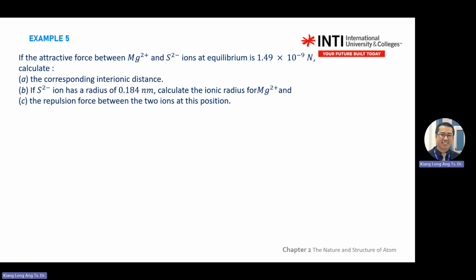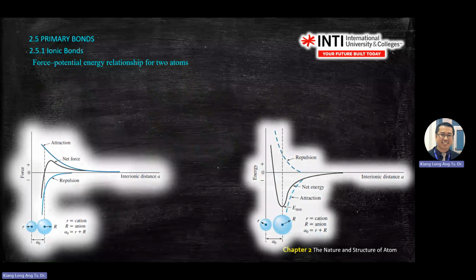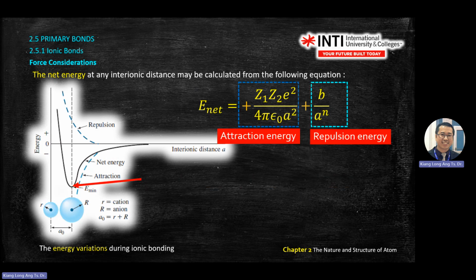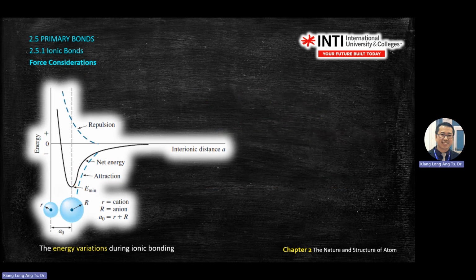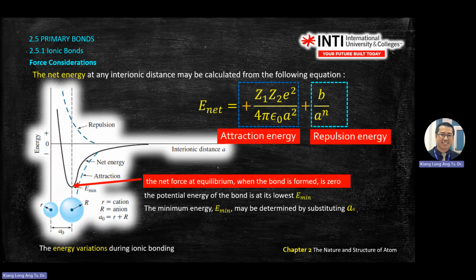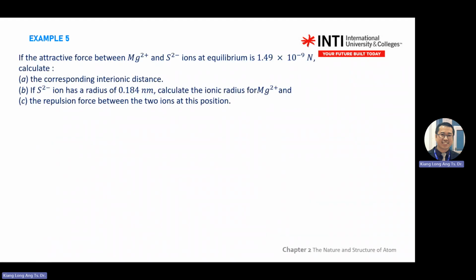Now how do you find this one? By using this calculation, or this calculation. You see this calculation, this is your A. Then the C, repulsive force, you put in the equation.